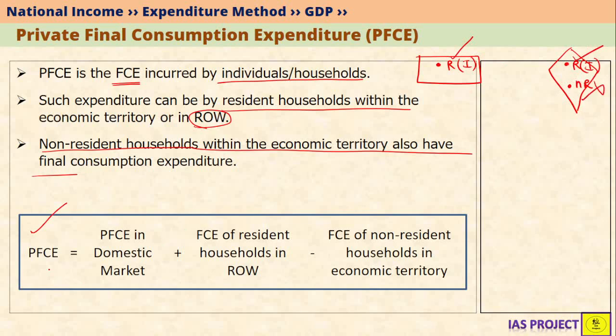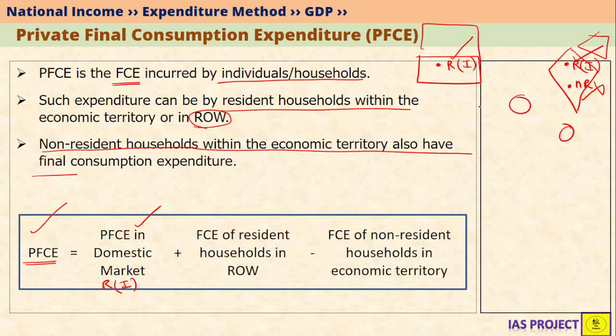So let's see how it is done. Private final consumption expenditure is nothing but private final consumption expenditure in the domestic market, that is by residents of India, plus final consumption expenditure of resident households in the rest of the world, that is here. Not only USA, but also Canada, Sri Lanka, Nepal, Gulf, everywhere.